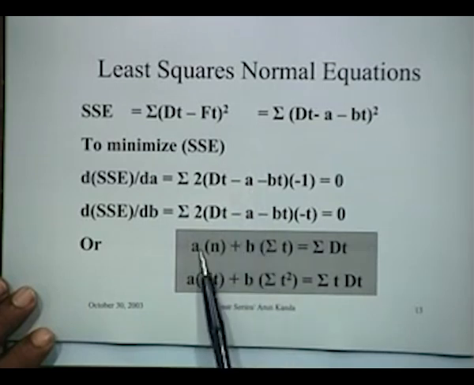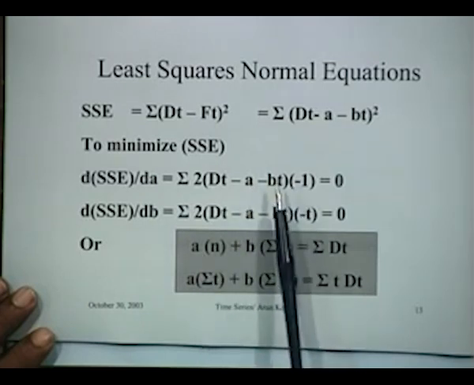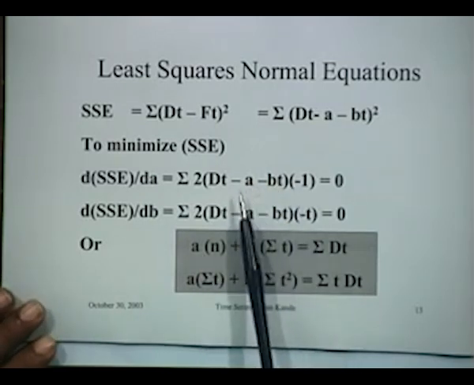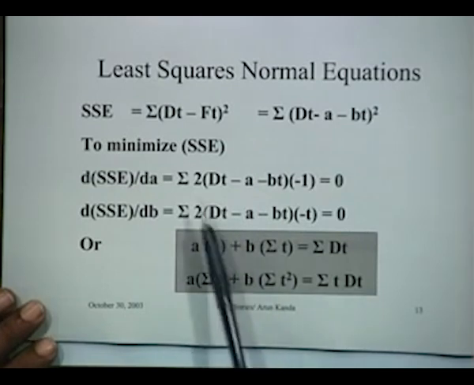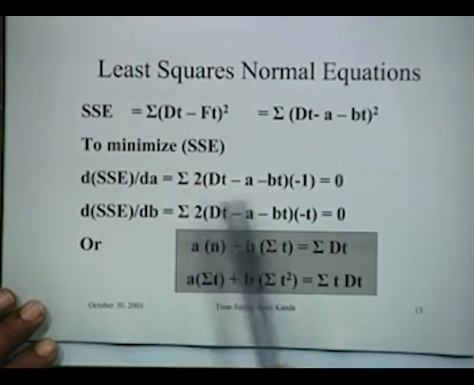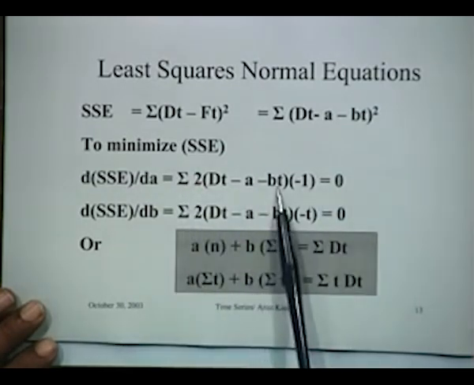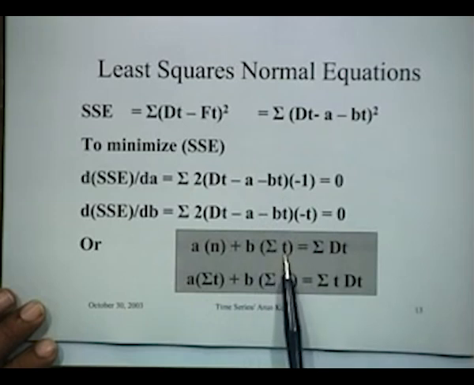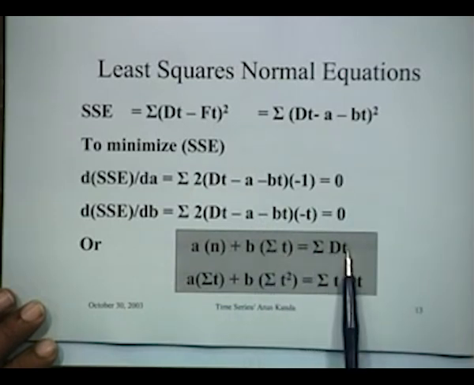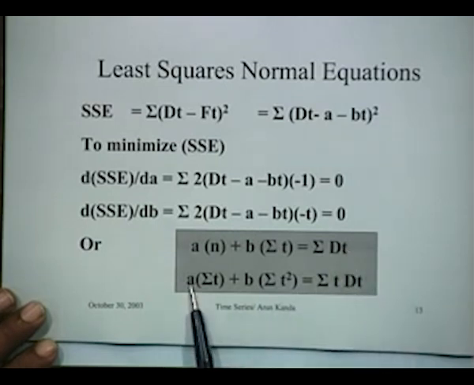The coefficient of a, in this particular situation, will be simply n, because this is summed up over n and 2 cancels out, and the coefficient of b is simply going to be summation t, and summation dt would come up on this side. And similarly a into summation t plus b into summation t square is equal to summation t into dt.